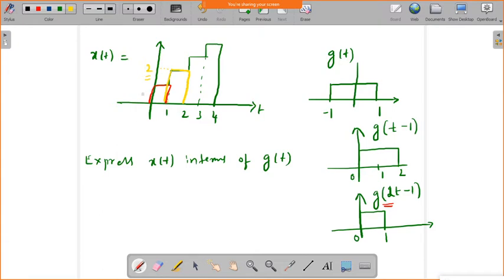So for the second portion in yellow color, this 2t minus 1, you have to shift one more time, and also multiply by the scaling factor 2. Then you will get the second portion. So now what you will get, the final version? 2 into g of 2t minus 2.